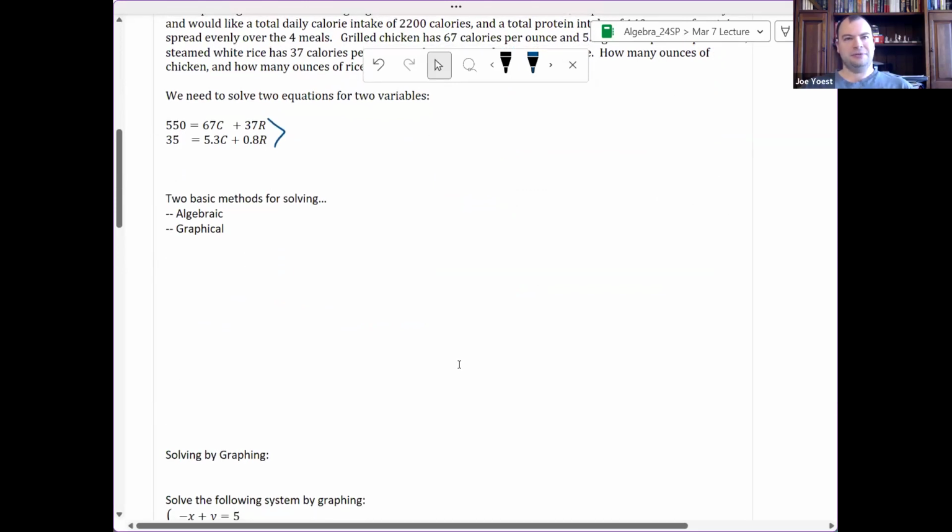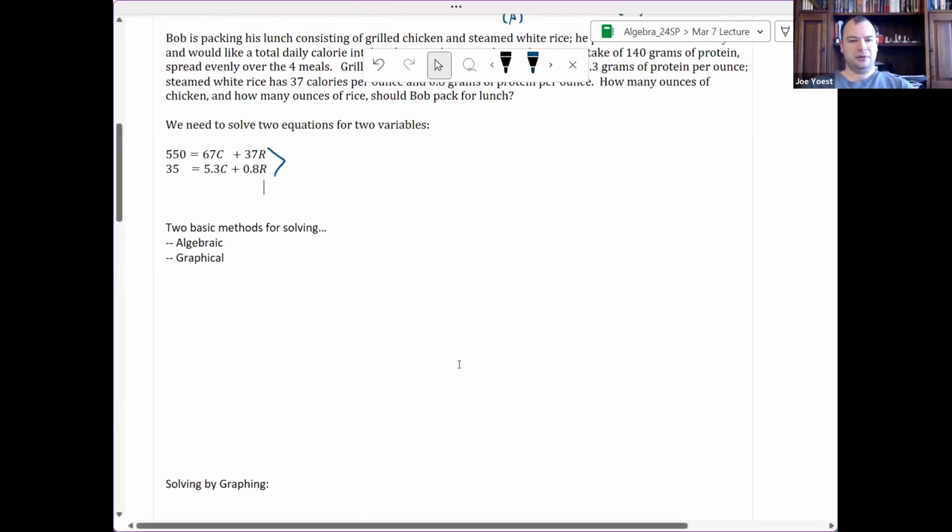But we also have something new that we came up with in chapter 4, and that's the idea of being able to graph a single linear equation.